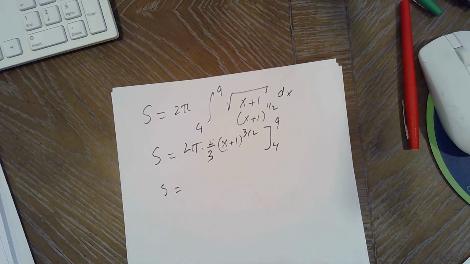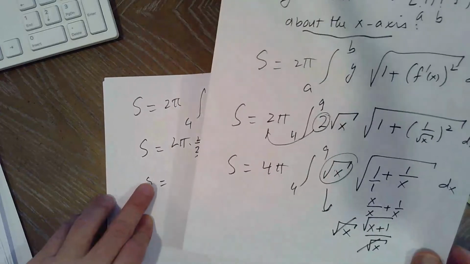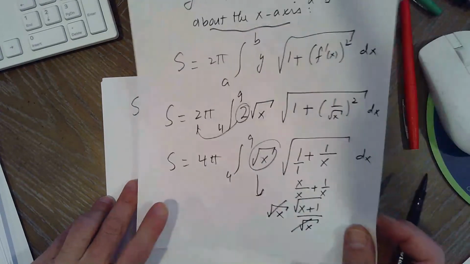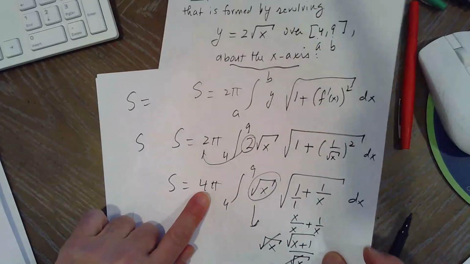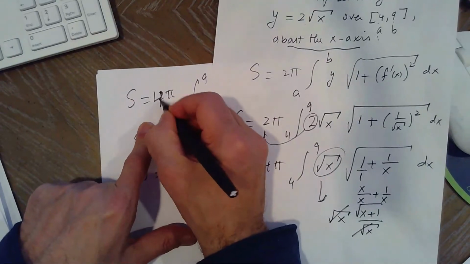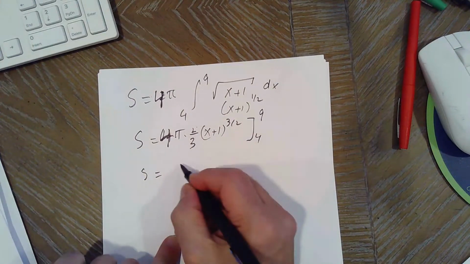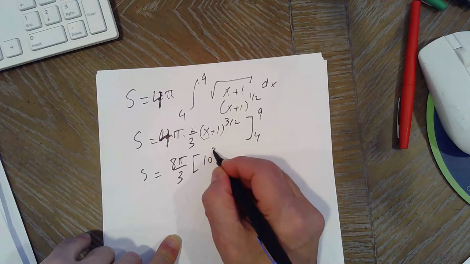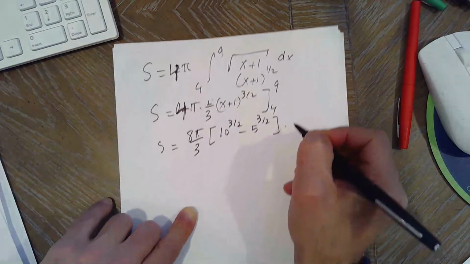Yeah, y is 2, so this should have been 4 pi. I wrote 2 pi, so this should have been 4 pi. And now it's 4 pi times 2 over 3, which is 8 pi over 3. Plug the 9 in, it's 10 to the 3 halves. Plug the 4 in, it's 5 to the 3 halves. And that's more than enough, right?